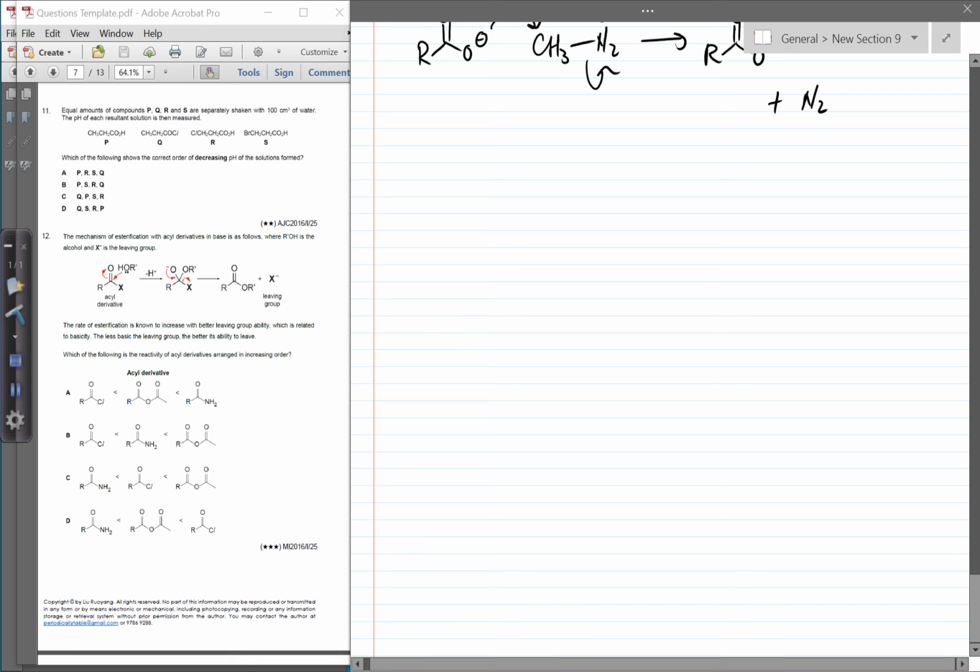Another way to do it is by using what they say here: leaving group ability, which is related to basicity. The less basic, the better is the ability to leave. In other words, this is your ARIO rule once again. So you are now basically comparing Cl minus with this.